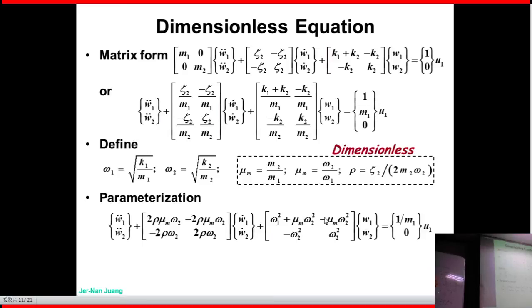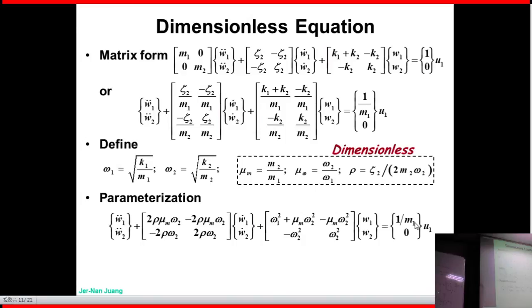We have M2, we can change. We have K2, we can change. We have zeta 2, we can change. So basically we have 3 parameters. So we do have 3-dimensional parameters that we can use as our design parameters.